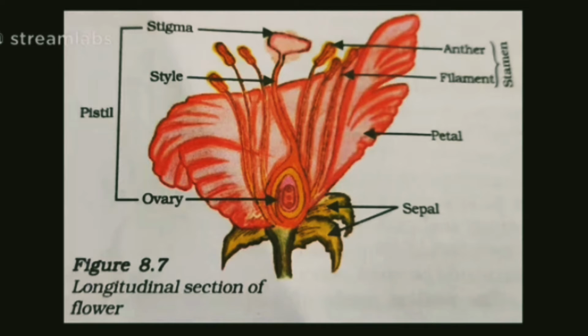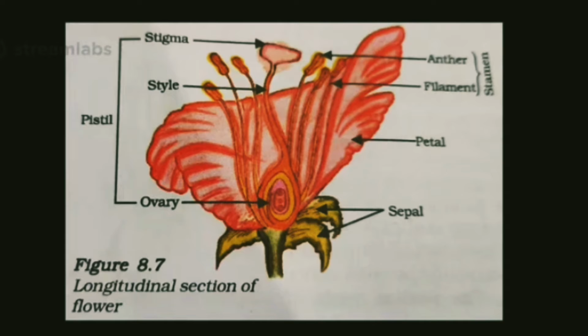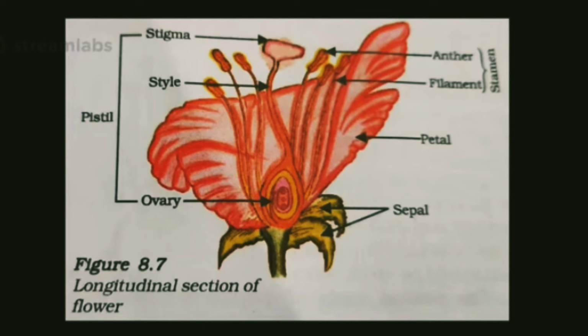Hibiscus flower is bisexual, where the male and female gametes are found in the same flower. Hence they are called bisexual. Think that the pollen has been transferred from the stamen to the stigma. This is known as pollination.